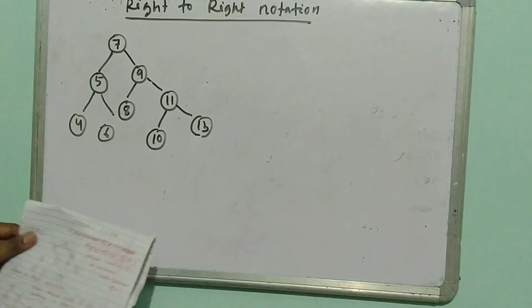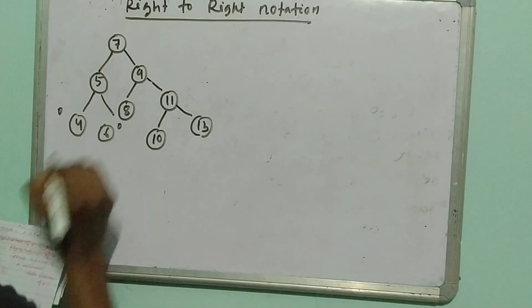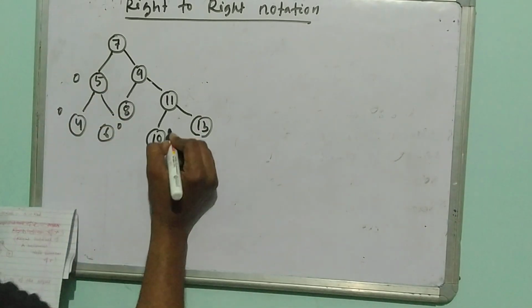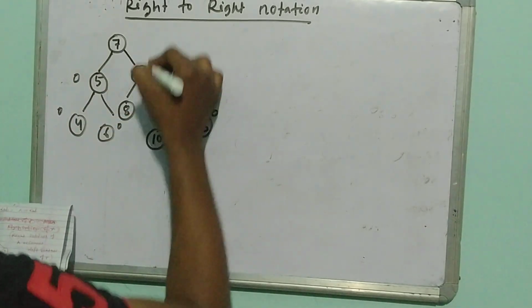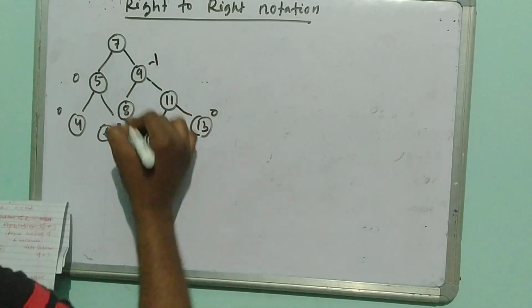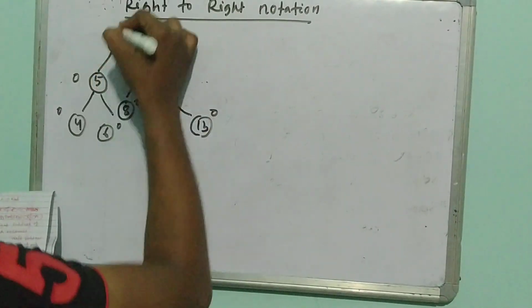So it is a balanced tree now. The balance factors are 0, 0, 0, 0, 0, then -1, 0, 1, 2, 3, and -1.